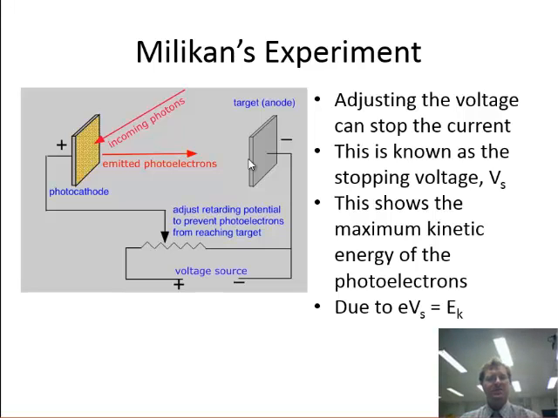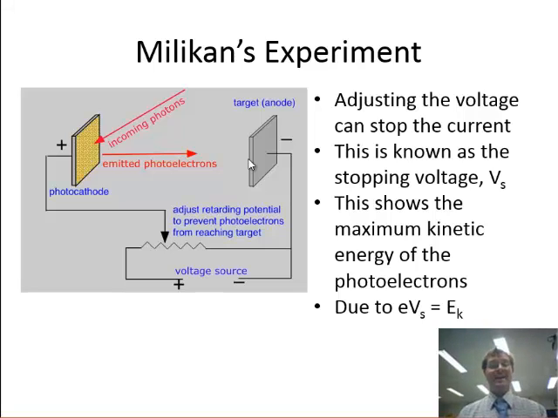Now what he found was that there was a certain voltage which was able to cause the stopping of all photoelectrons traveling to the anode. What that meant was that this voltage showed us exactly the maximum kinetic energy of these photoelectrons.